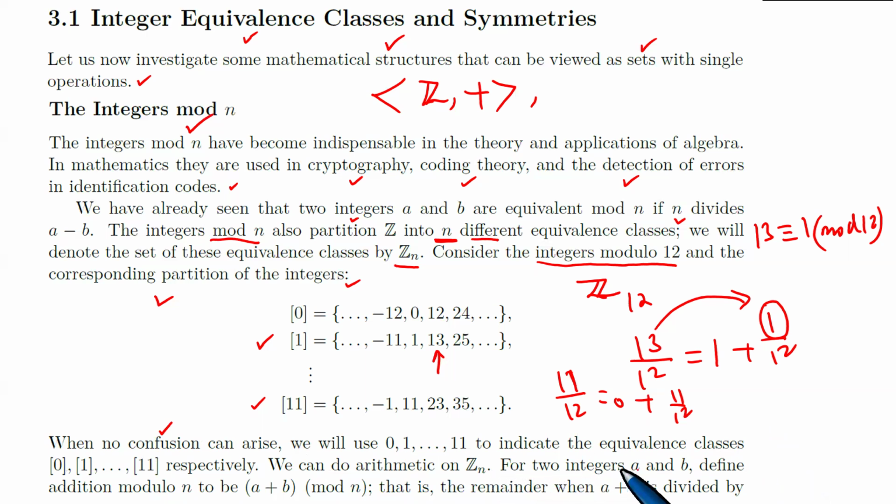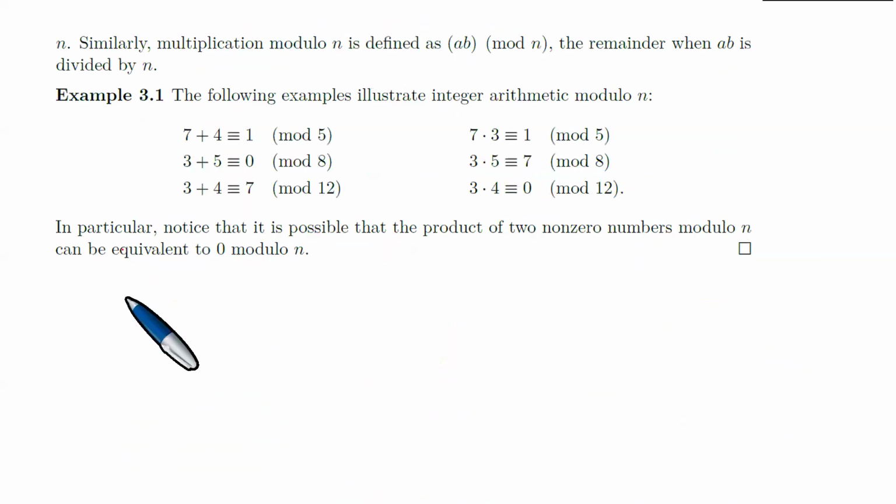For two integers a and b, we define addition modulo n to be a plus b modulo n. That is the remainder, very important, as we're doing division here, looking at the remainders. That is the remainder when a plus b is divided by n.